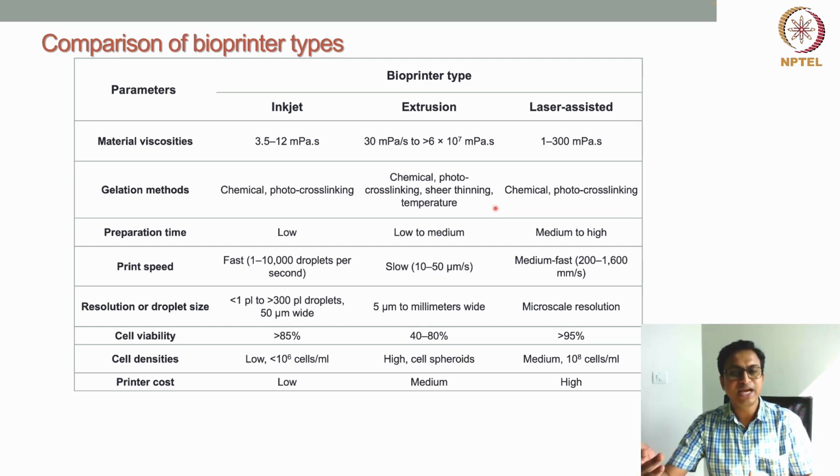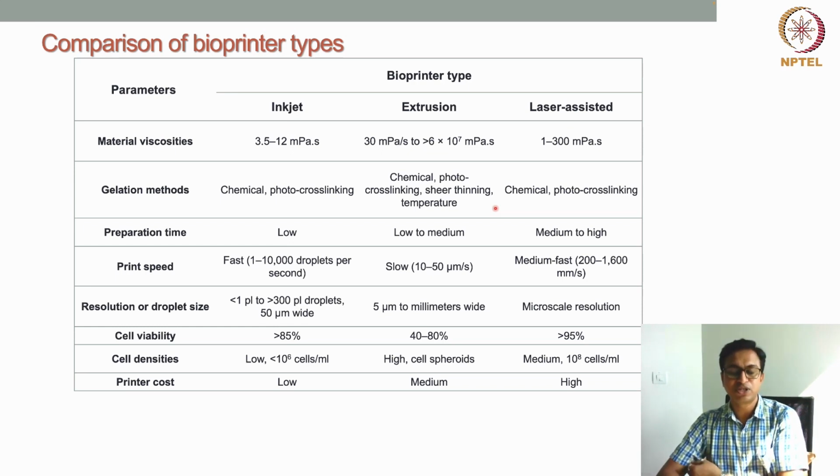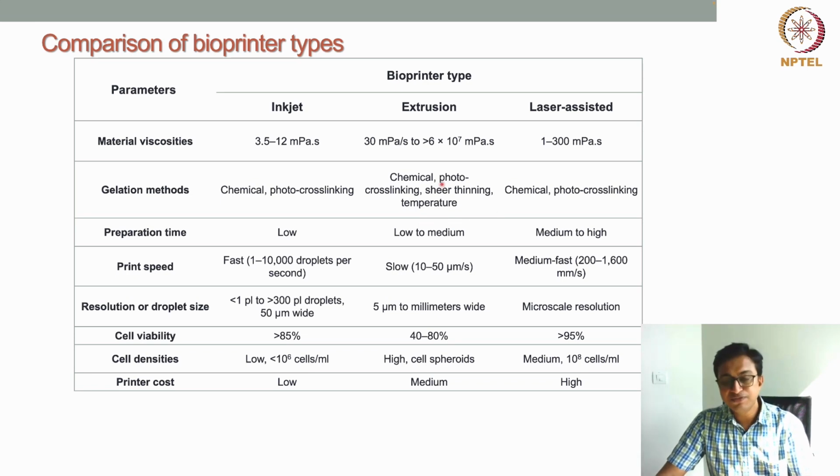So during printing I can maintain the temperature above 30 so that the material can easily come out. But after printing I can collect it on the stage at a lower temperature, maintained below 30 degrees Celsius. That helps in solidification of the gelatin bioink. Similarly, there are various different types of materials available that we can use for extrusion-based bioprinting.